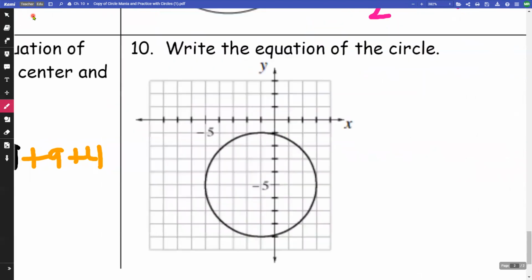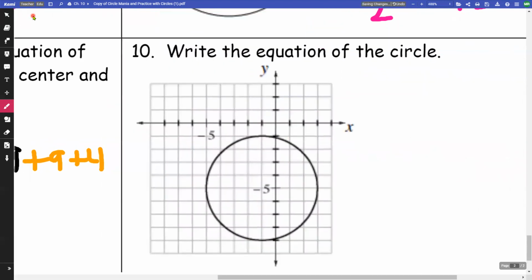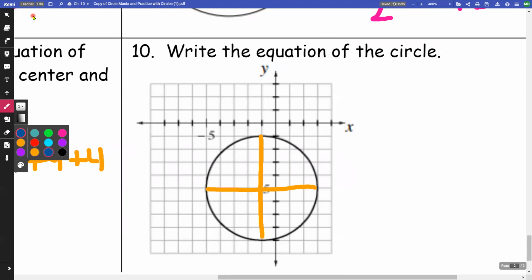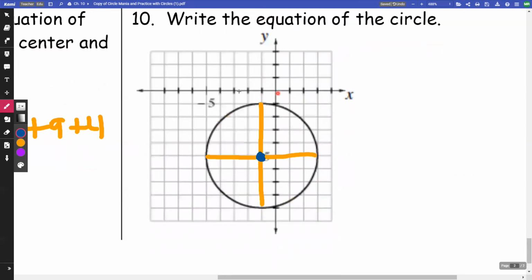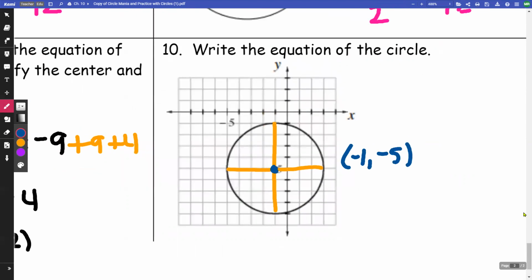Equation of this circle. So looking at this, it looks like my center is right here, and that's at -1, comma -5.